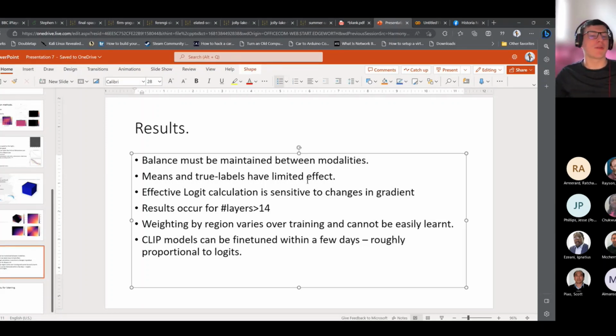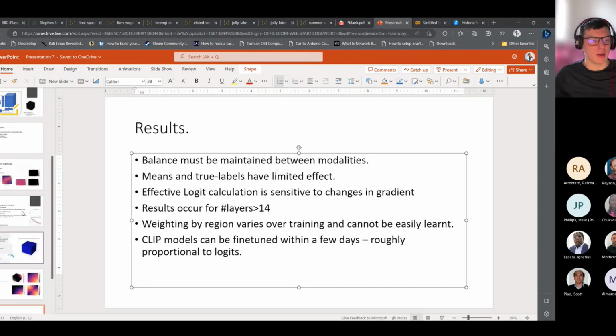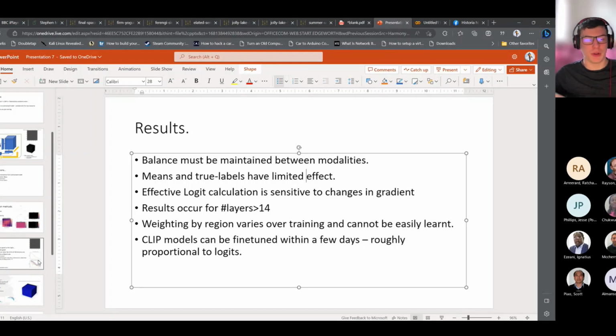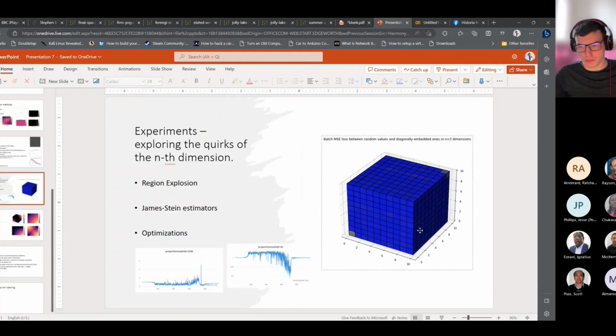The second takeaway point I've got so far is that doing the mean across different regions and across different labels does not have any particular effect on this training methodology, which was odd to me because I expected it to, particularly with what I've termed true labels, which are, instead of using 1s and 0s for use this region, don't use those regions, in the cubes that I've got here, running some sample values through it and going, these parts of the cube tend to this value in a perfect case, I'll use that as my label as a probability.